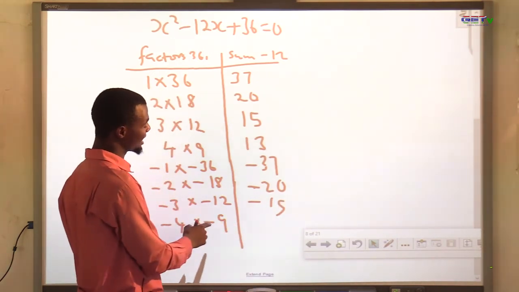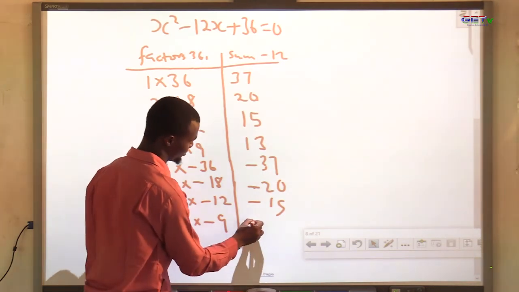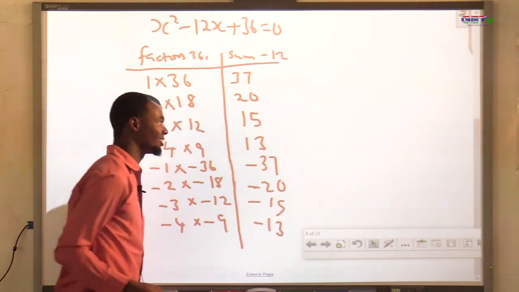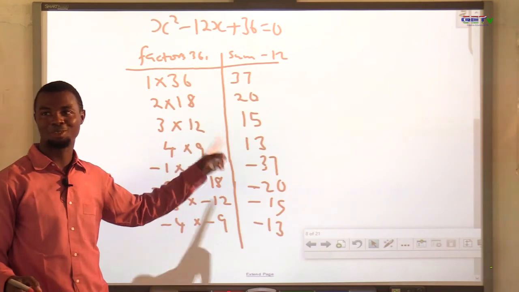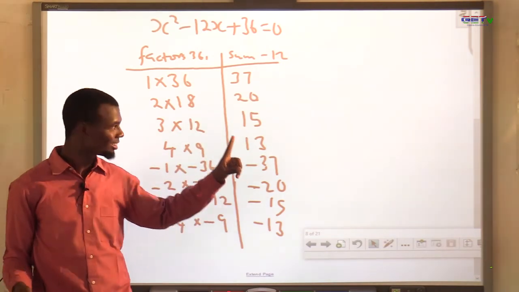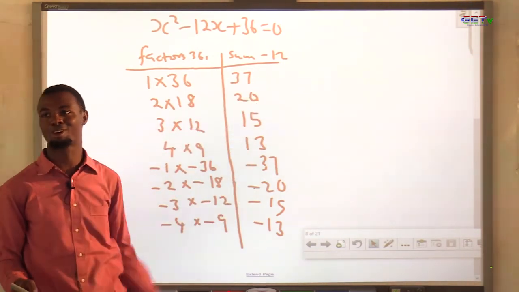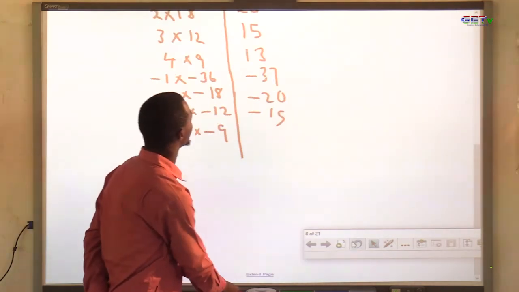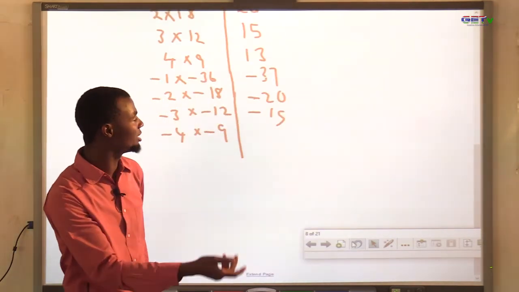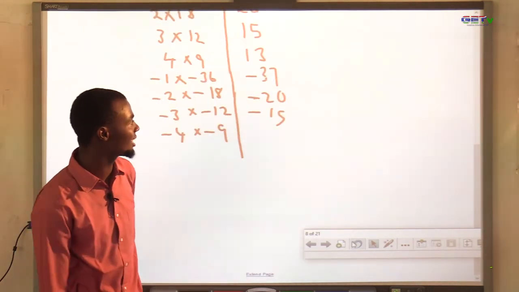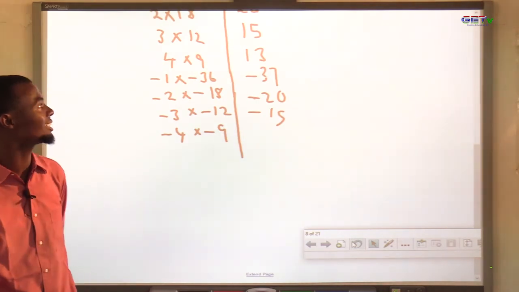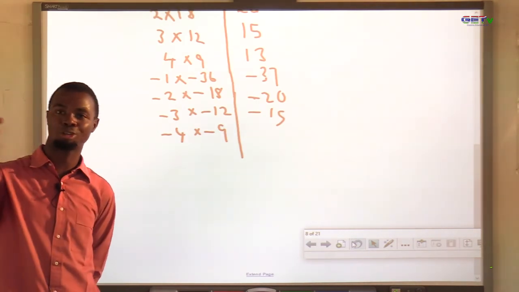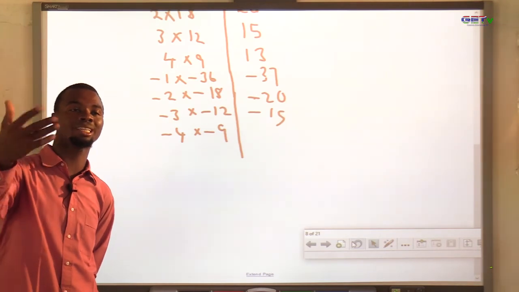Negative 9 and negative 4 gives negative 13. If you look at this, you cannot see negative 12 there in the sum. We have negative 15, negative 20, negative 37, 13, 15, and of course positive values. But we cannot get negative 12.